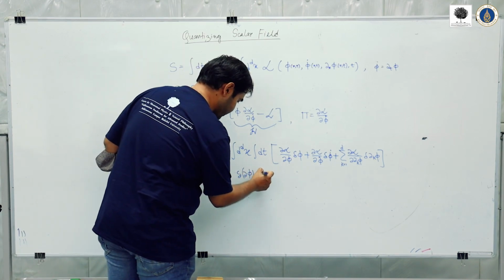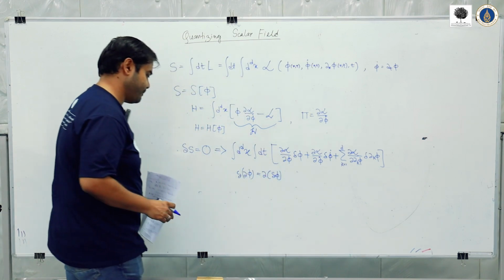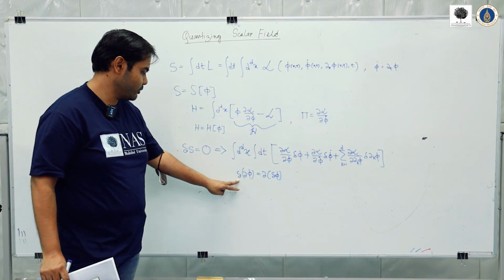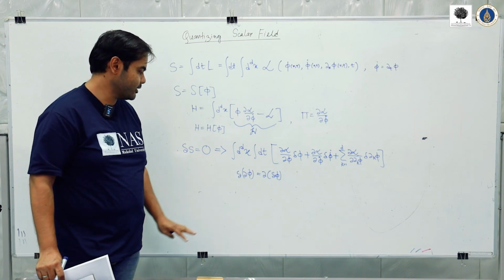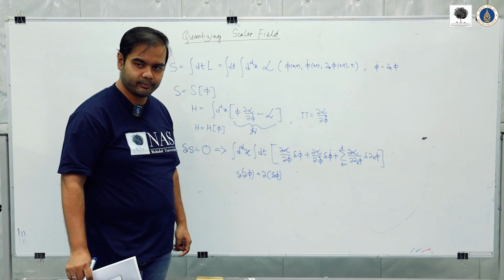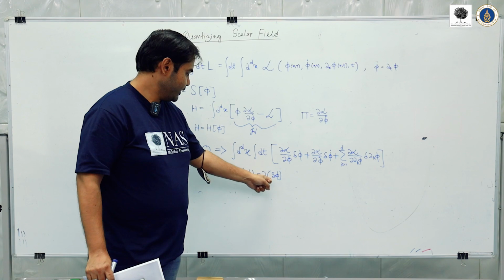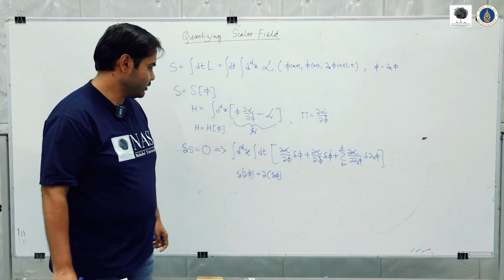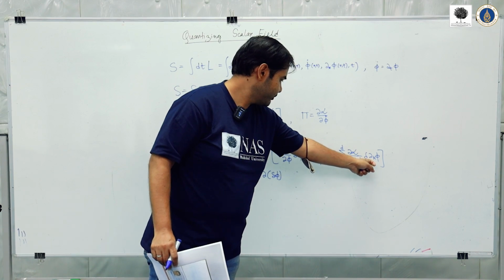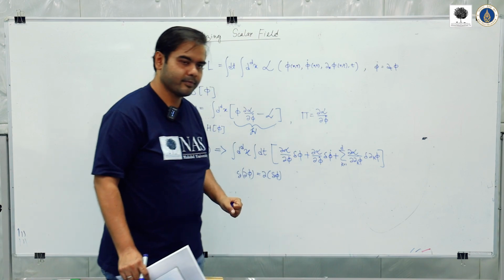That means this is equal to delta phi. Remember, I am considering a variation which is totally arbitrary. If this variation depends on space and time, etc., then this is not true. And then after taking the derivative outside of the variation, this term and this term will have a derivative outside.